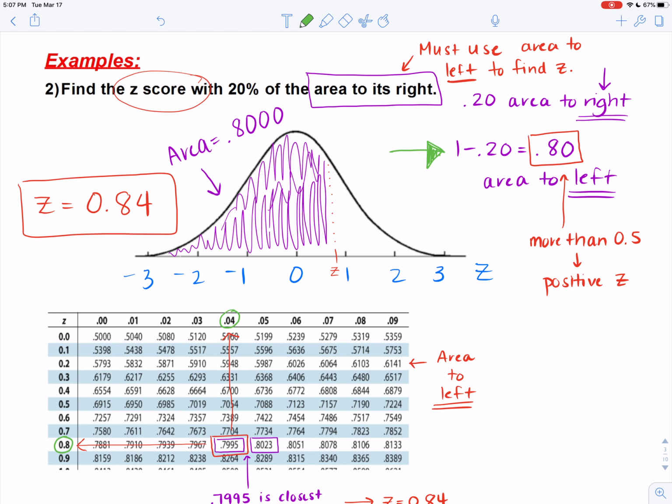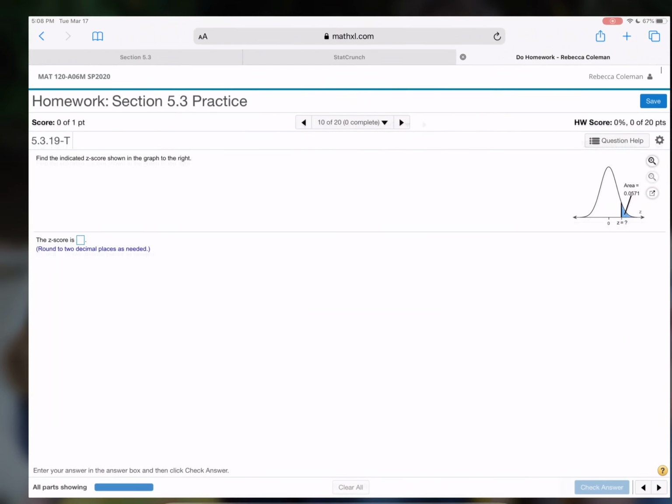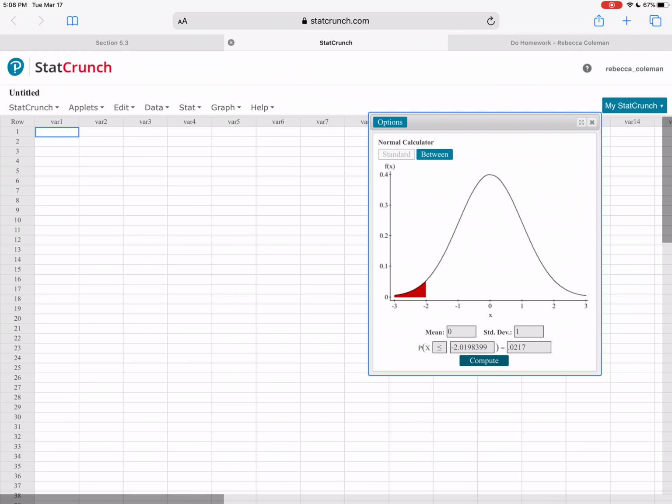All right. Now, if you're using StatCrunch, then instead of having to subtract from 1, you will just need to change the direction of your area. So if I were going to do this one in StatCrunch, I would go to my normal calculator. I would leave it with mean 0, standard deviation 1, because I'm looking for z. But when the area given is to the right, I'm going to change from less than to greater than.